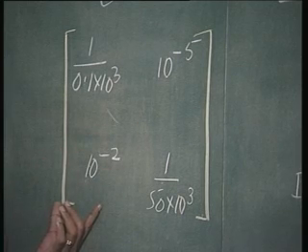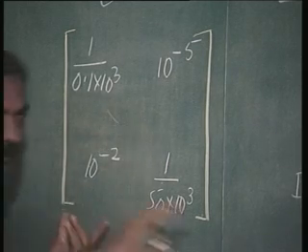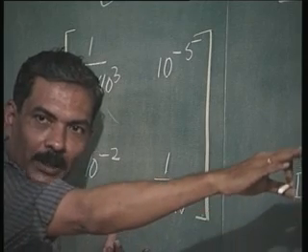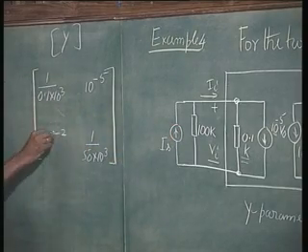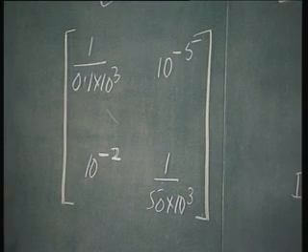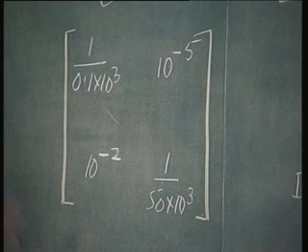That means transmission from here to here is more than reverse transmission. Now, because of these two factors, there is interaction between input port and output port. What happens at the output port is going to be reflected at the input port.